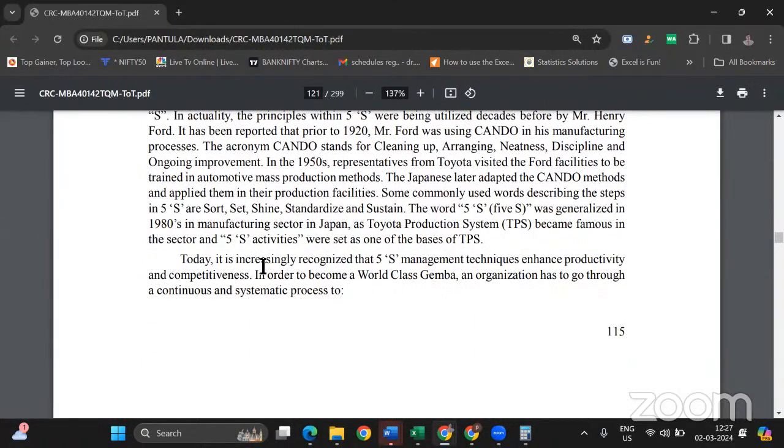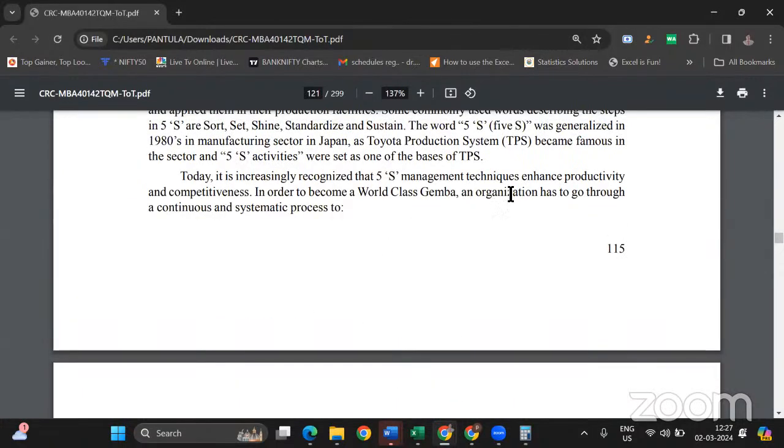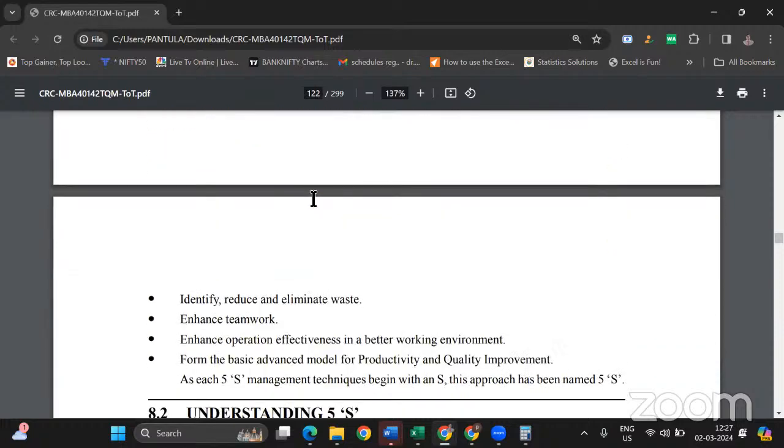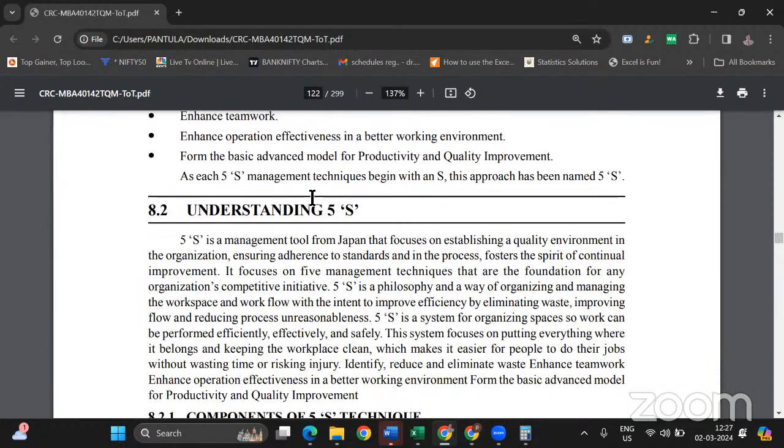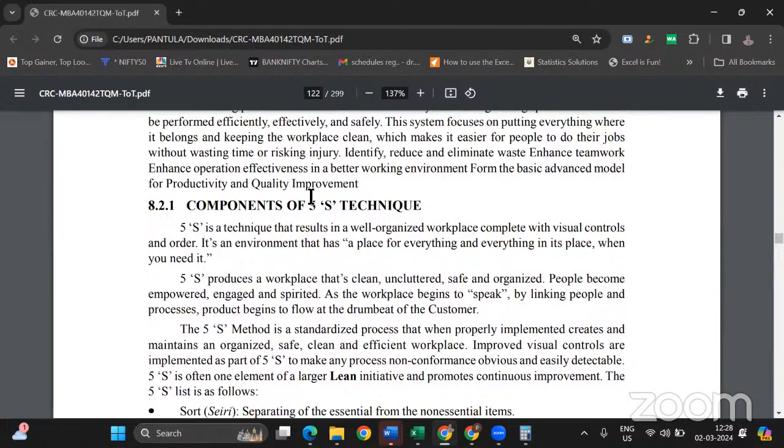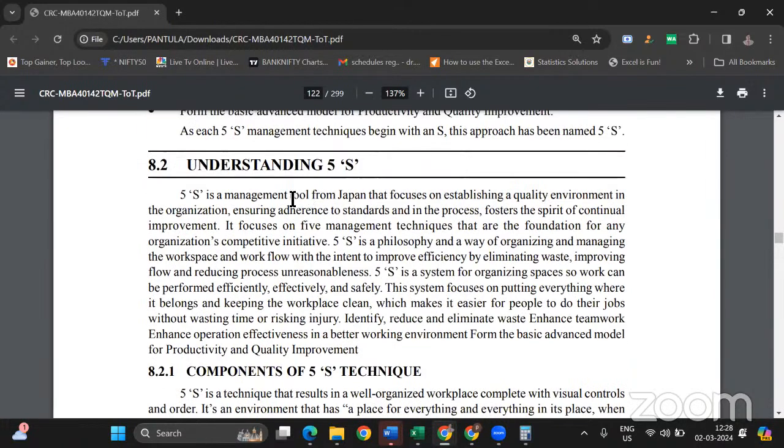Today, 5S is increasingly used as a management technique to enhance productivity and competitiveness, in order to become a world class Gemba organization through this continuous, systematic effort. The 5S management tool is a Japanese approach focused on establishing a quality environment in the organization, ensuring standards in the process, and fostering the spirit of continuous improvement.